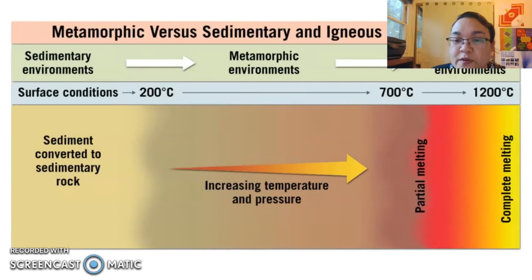Metamorphic rocks are characterized by being formed in increasingly hotter and higher pressure environments. A parent rock or protolith that undergoes higher and higher temperatures and pressures until it experiences melting is transformed back into an igneous rock.